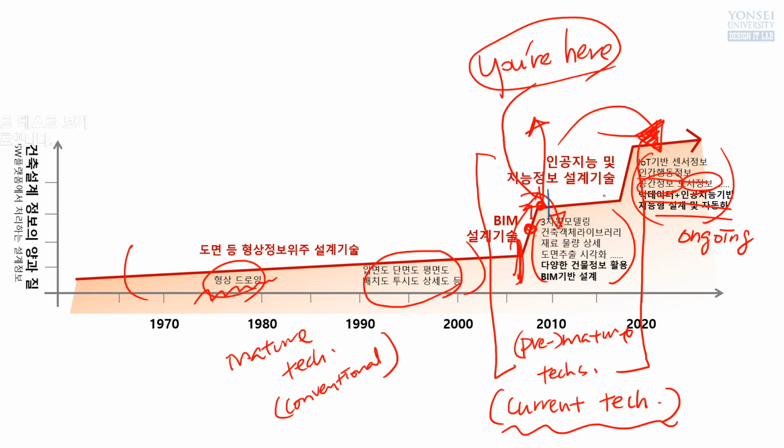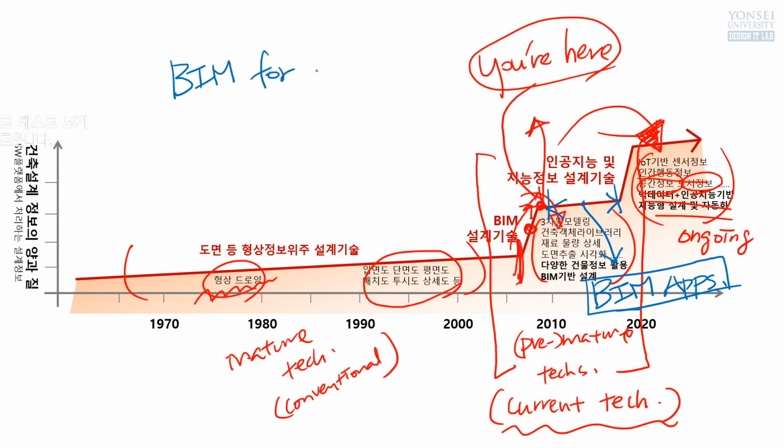Thing, this part, issues, I told you in the previous slide, BIM applications, okay? In other words, take a look at this term, BIM for X, or we can say this one, design for X. Actually, X can be anything.